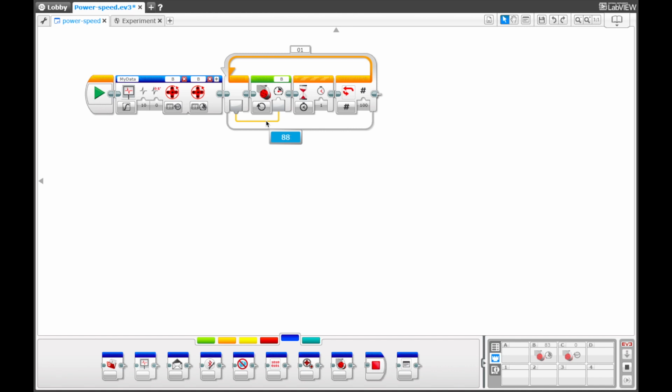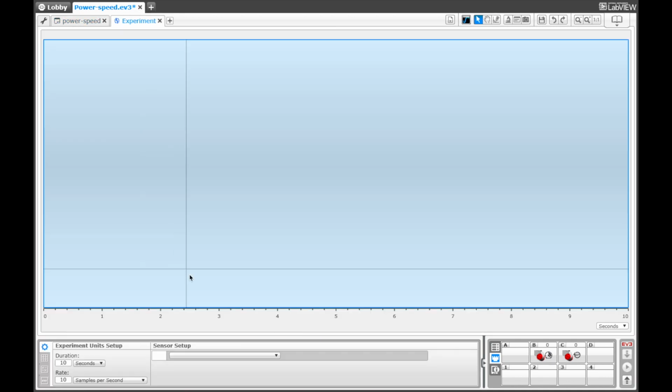Yeah, I think we reached top speed now, because you can hear the motor running, and the pitch of the whine of the motor doesn't increase very much anymore, about 80-85. Okay, and 97, we reach 100. The program is done. Let's go to the experiment and see what data we got from motor B.